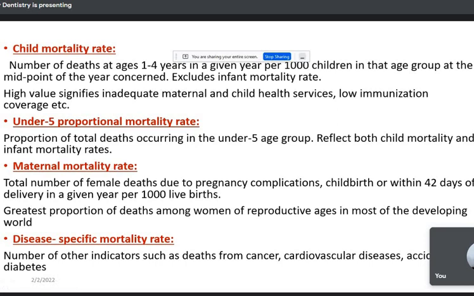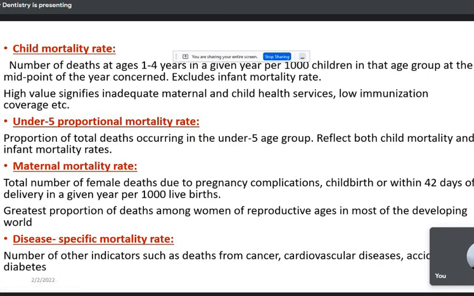Can anyone tell me here? Because normally when we understand maternal mortality rate, I give you the formula, tell me if I'm right or wrong. Maternal mortality rate means the number of deaths of the mother divided by the total number of pregnant mothers. Am I right? Can anyone tell me? Dipshana, are you there?